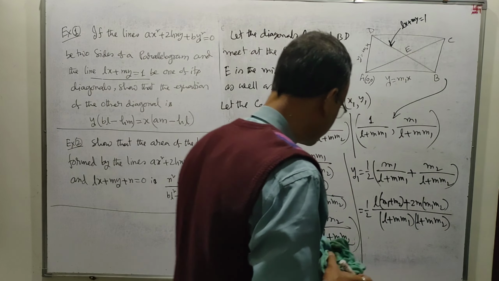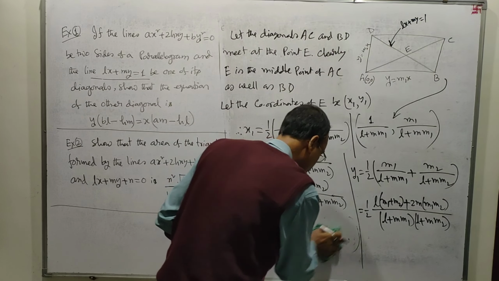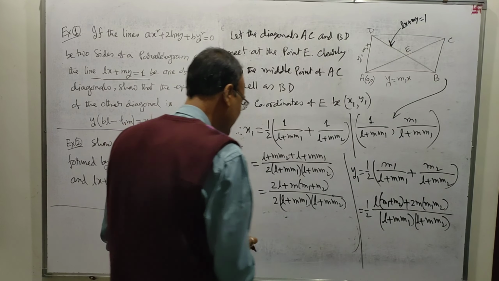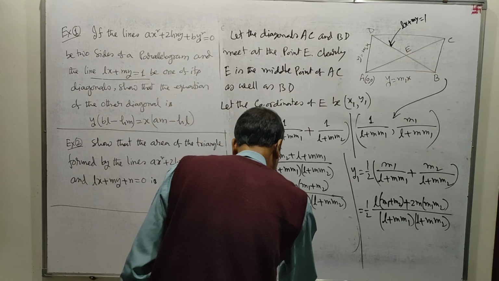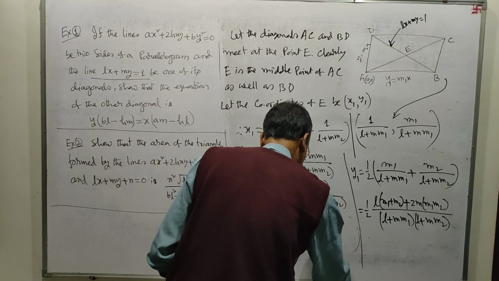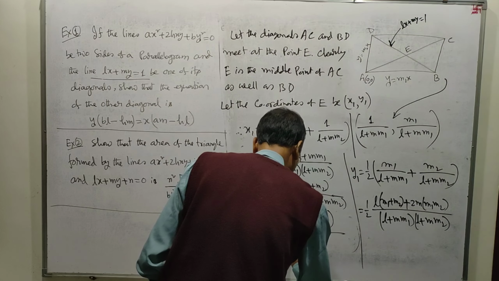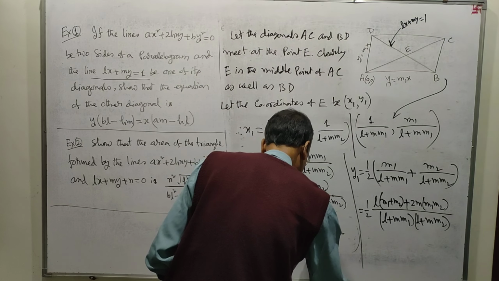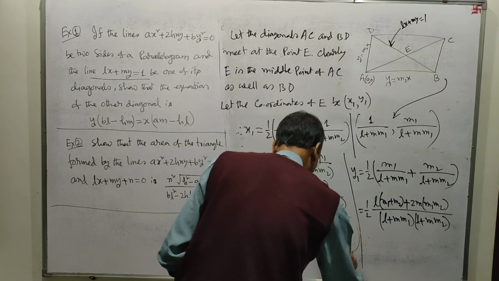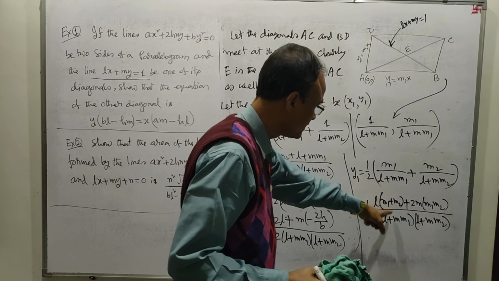You will get like this. Also, the coordinates of x can also be written as twice L plus, replace M1 by M2 by minus twice h by b. M1 and other things should be written as usual.